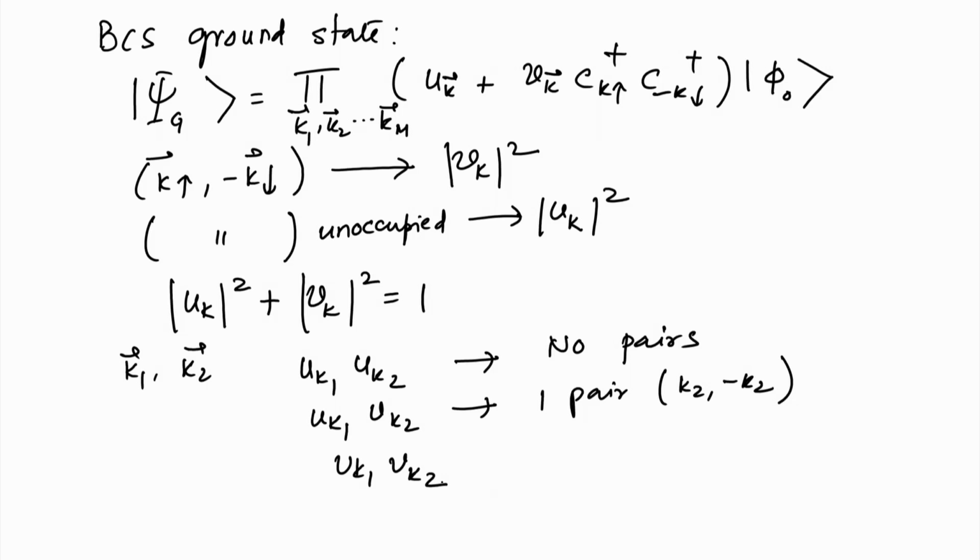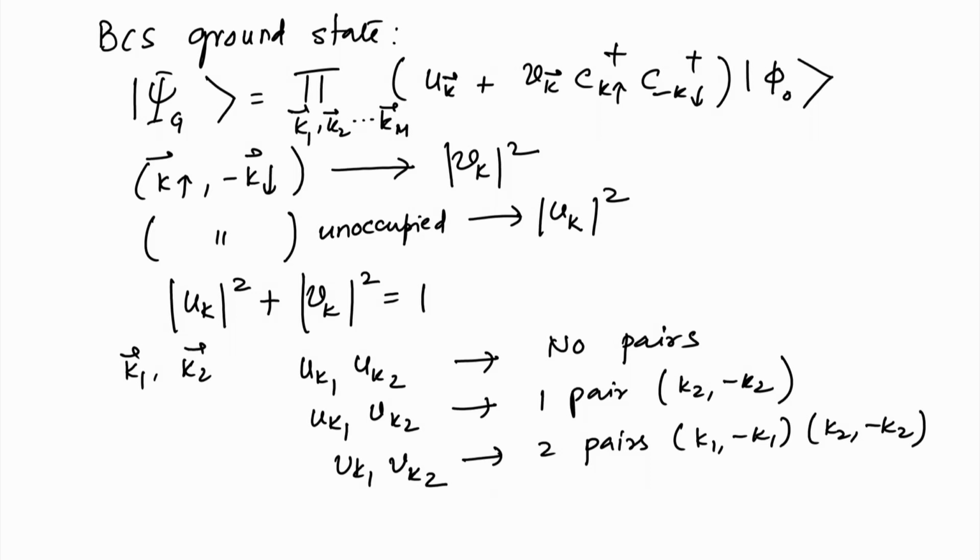Clearly distinguish your u's and v's. There are two pairs, k 1 minus k 1 and k 2 minus k 2, both are occupied. So, these are the notations.